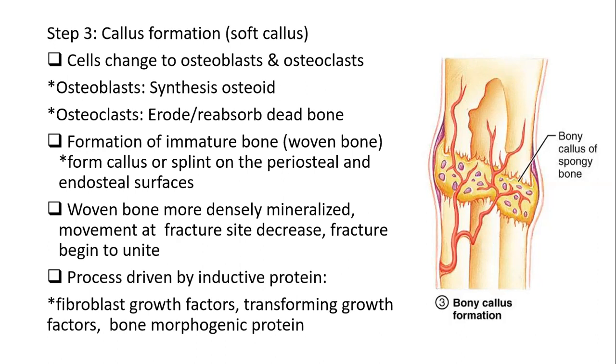Then immature bone, which is woven bone, forms callus or splint on the periosteal and endosteal surfaces. The woven bone becomes more densely mineralized, movement at the fracture site decreases, and the fracture begins to unite. The process is driven by inductive proteins: fibroblast growth factor, transforming growth factors and bone morphogenic proteins.